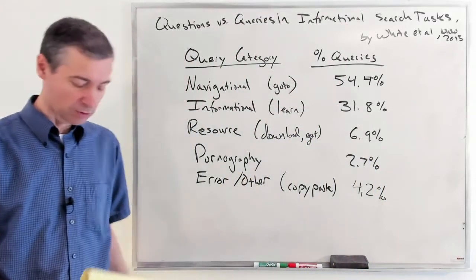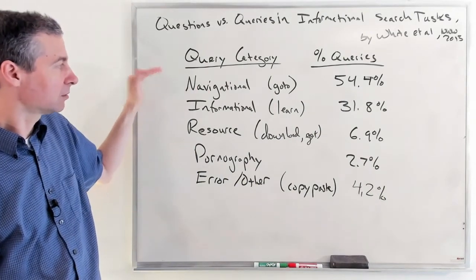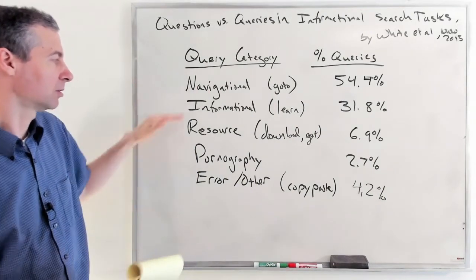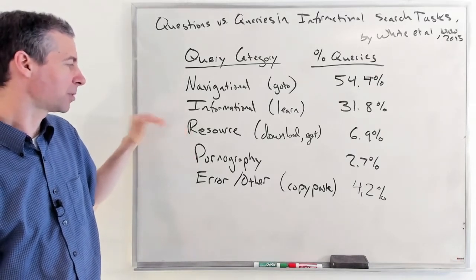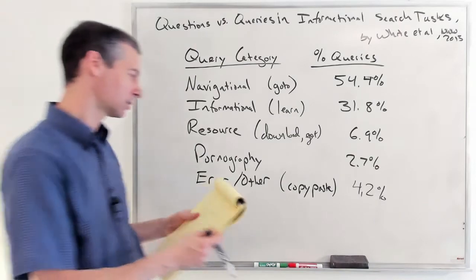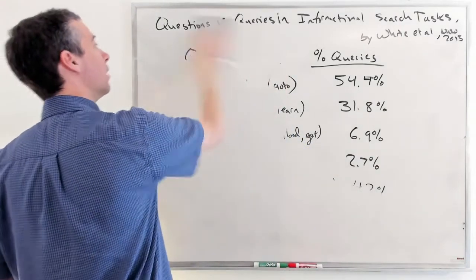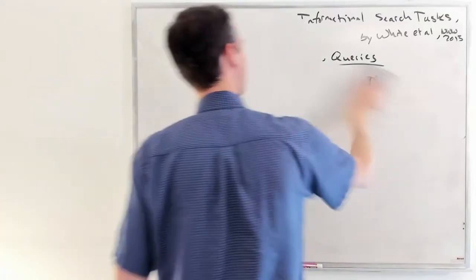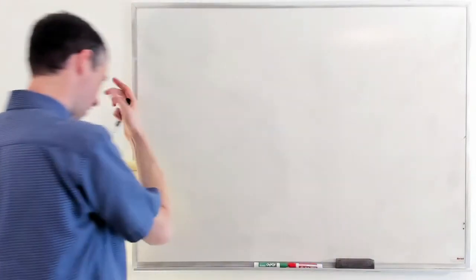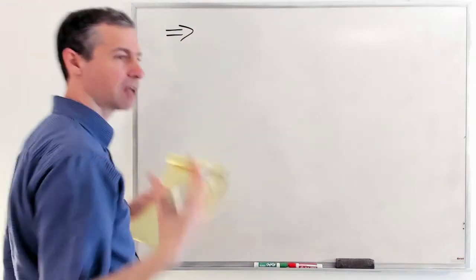All right, so big thing, navigational and informational. And resource is again, I want to go to a particular thing, and then we've got our adult queries, and then other stuff, mistakes. So the big ones are informational and navigational.